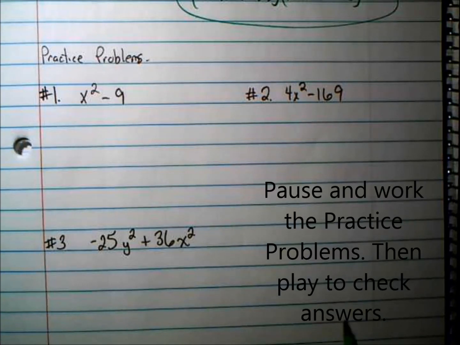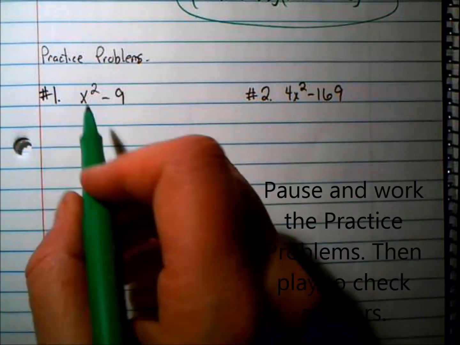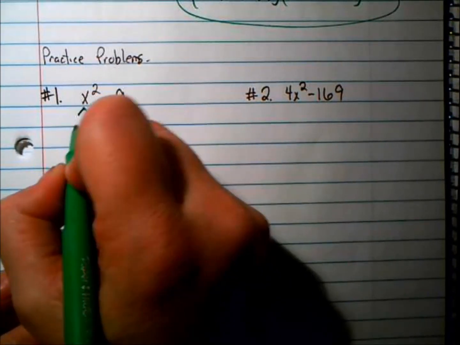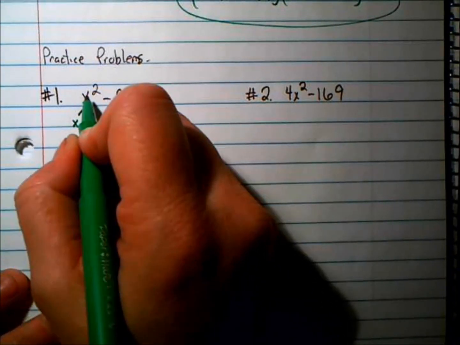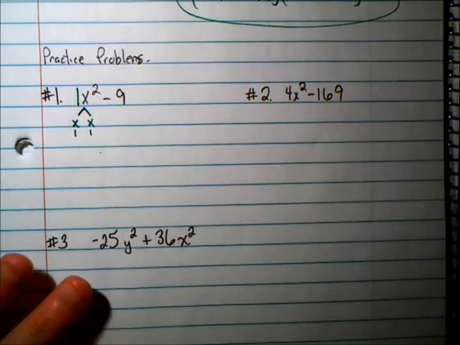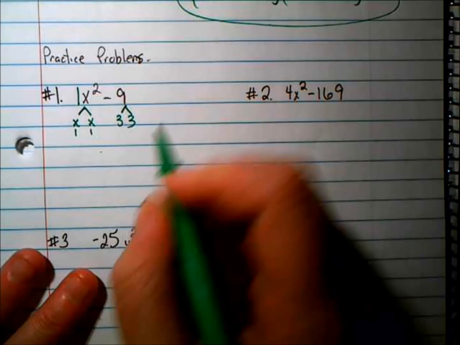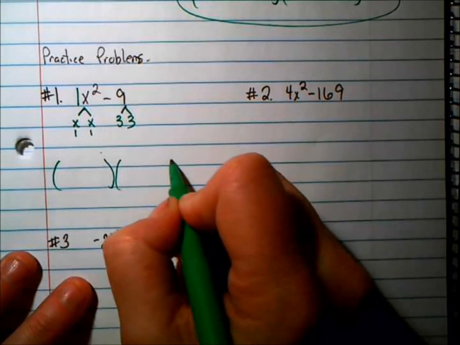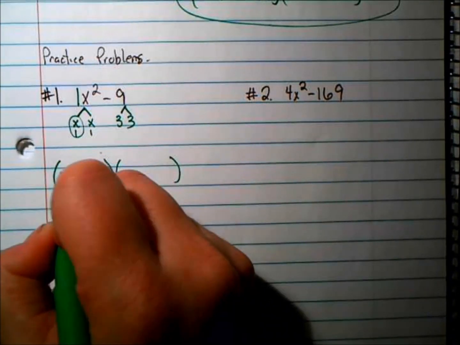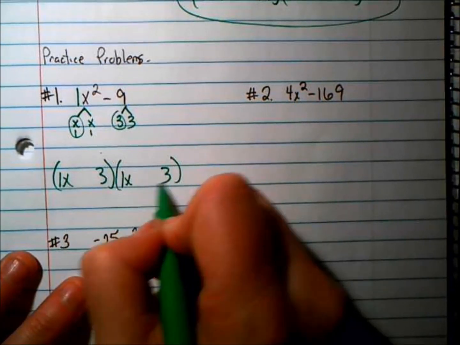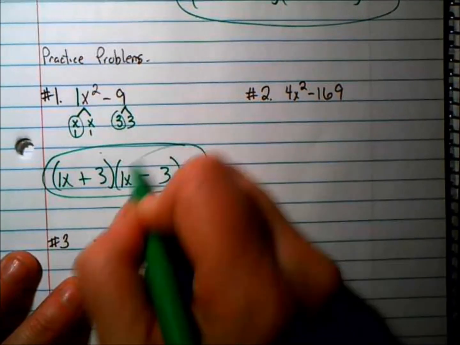Okay, here are our practice problems. On the first one, I'm going to split the x squareds equally into x's and realize there's an understood 1 there. I can put a 1 on each one as well. The 9 splits into a pair of 3's. If I write my binomials, the first terms are going to be 1x's, the second terms are going to be 3's. I have a plus and a minus, and there's my answer.